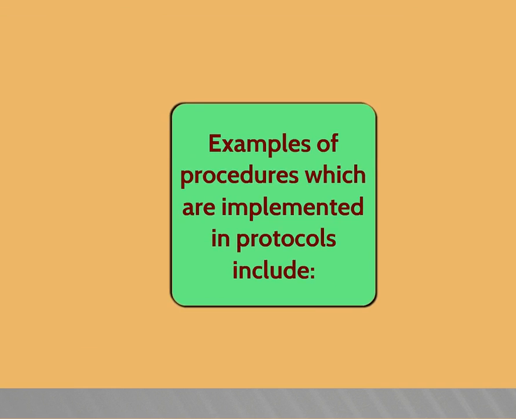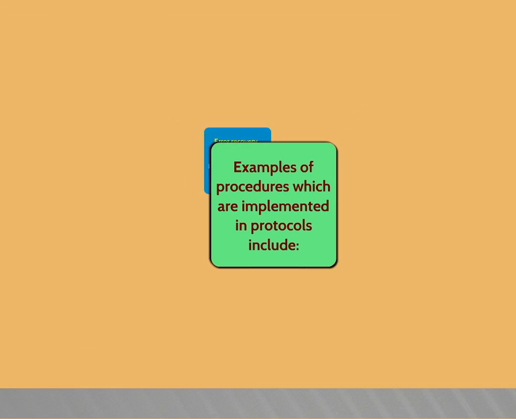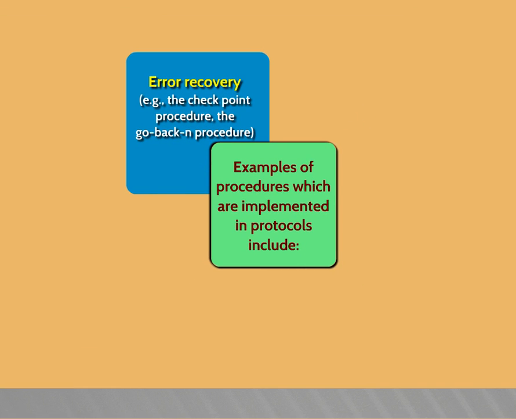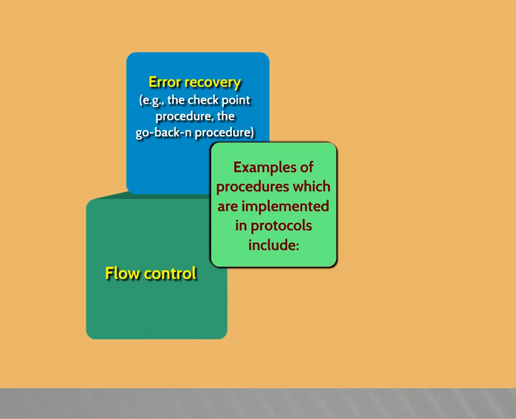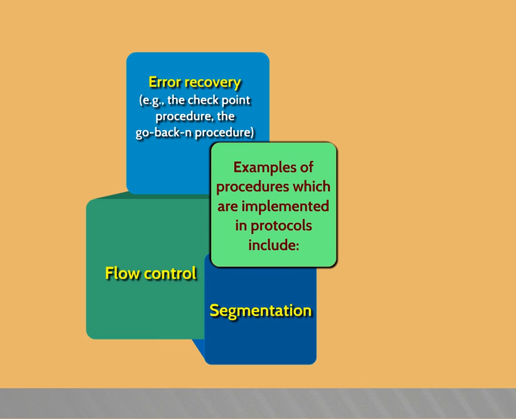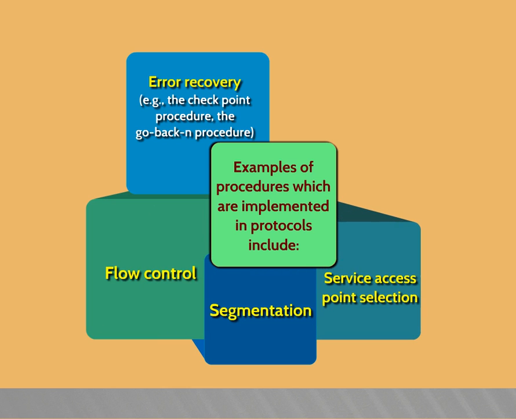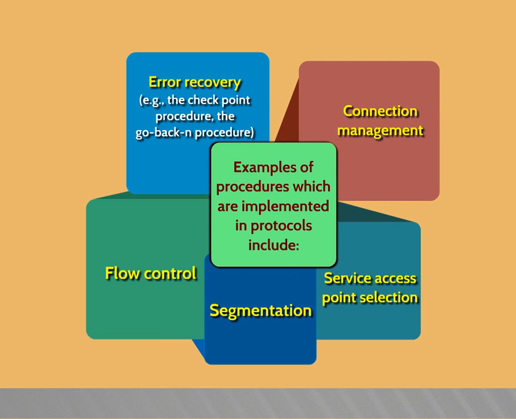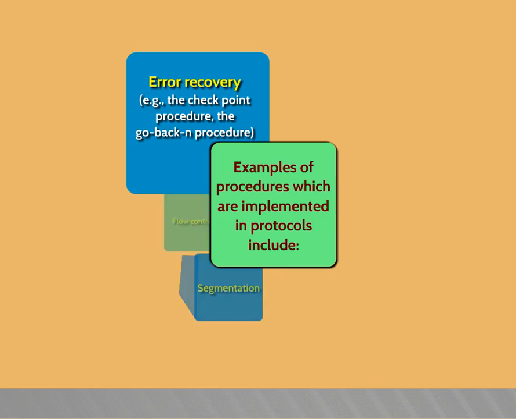Examples of procedures which are implemented in protocols include error recovery, for example the checkpoint procedure and the go-back-N procedure, flow control, segmentation, service access point selection, and connection management.